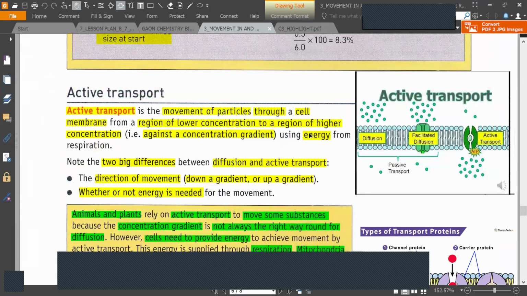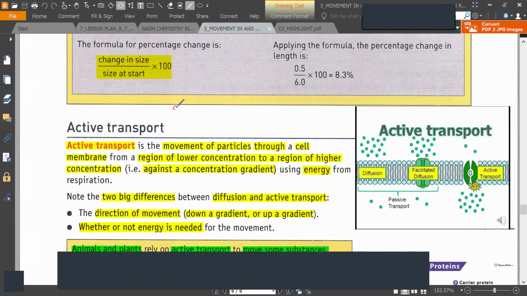What is active transport? So yesterday we already learned about diffusion. Diffusion is going from high concentration to low concentration. Whether there is a membrane or not, it will happen. If we have a different concentration, diffusion will happen.